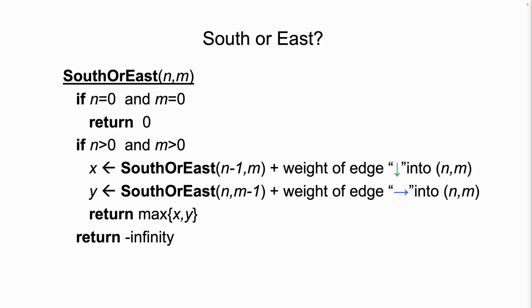Should I move down or should I move to the right? And if you move to the right, what's the weight of that edge? Then you return the maximum of that value. This negative infinity is just a way to make sure you don't stand still.